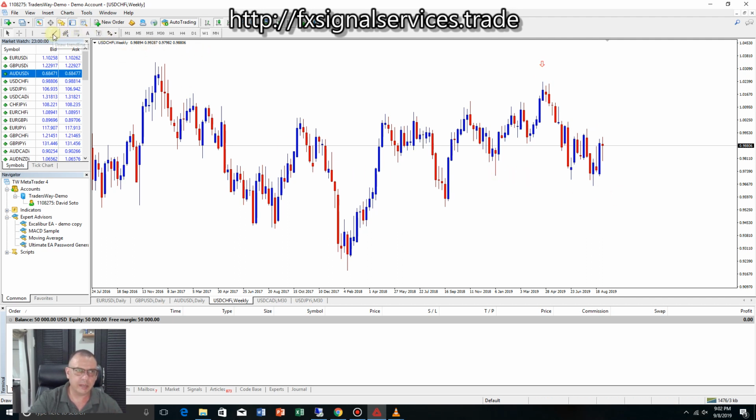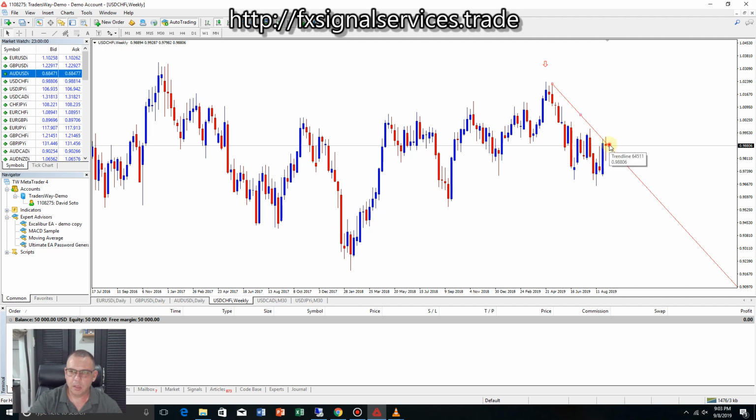Okay, and I believe I showed this last week, but if we draw a downtrend here, it's hard to say exactly, but if we draw like that, this is your downtrend. Now here it broke, but overall was definitely going to be going down.